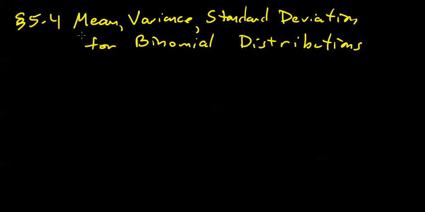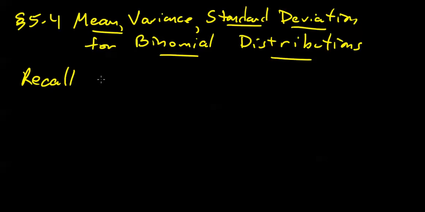As we mentioned earlier in the section, if we can justify a binomial distribution, if we can give proof of that, we can make these formulas for mean and standard deviation quite a bit easier than those we see in section 5.2.